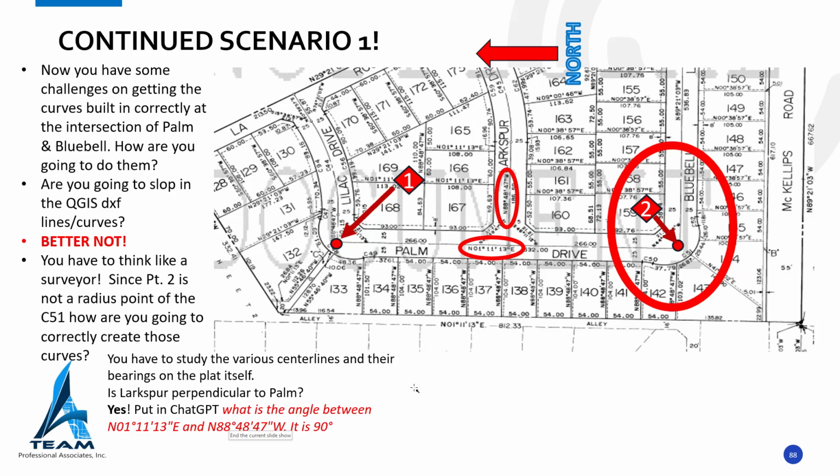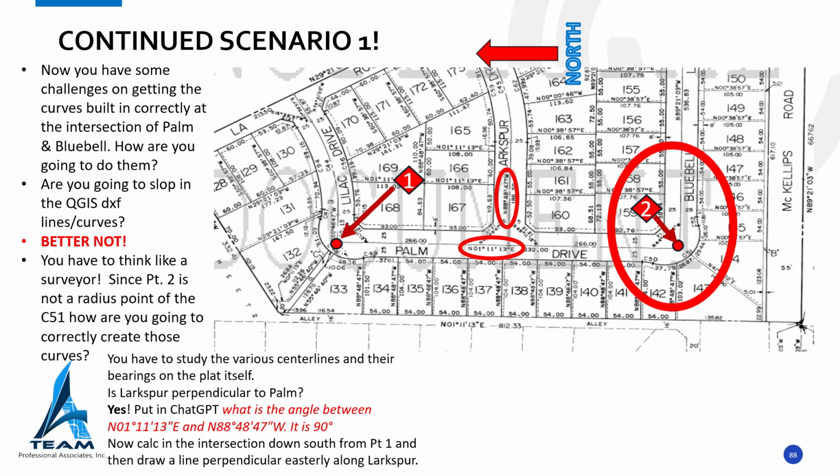So anything that's 90 degrees to any other line like this is perpendicular. That's what that is. This Larkspur center line is perpendicular to Palm Drive. And that's easy enough to create. So now calculate the intersection down south from point 1.